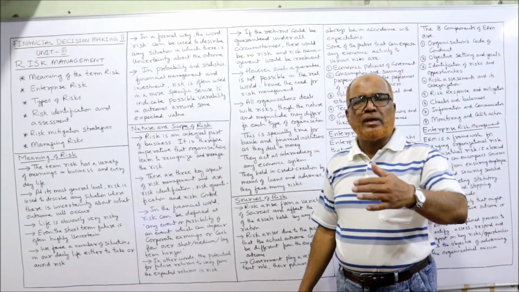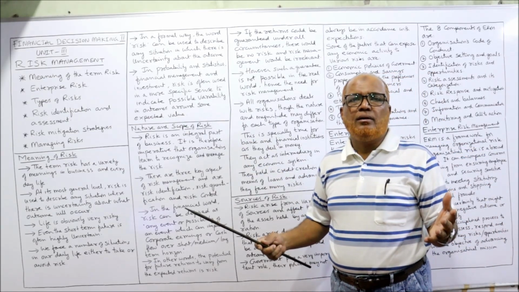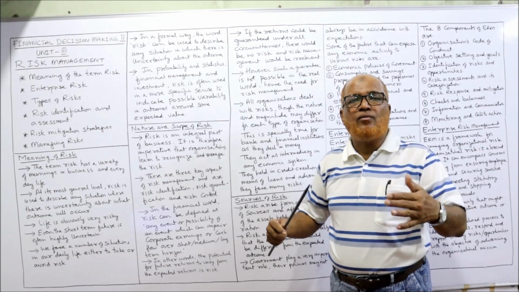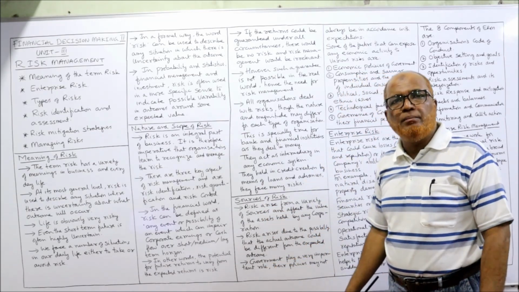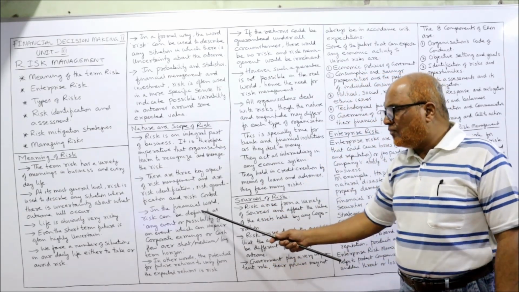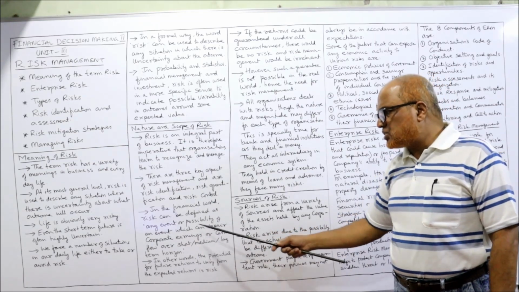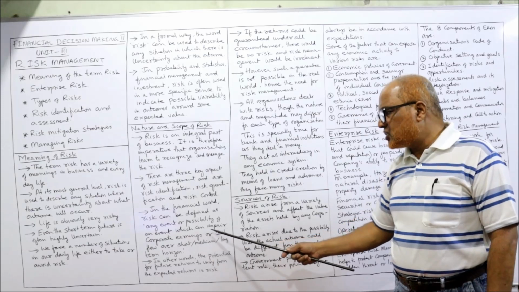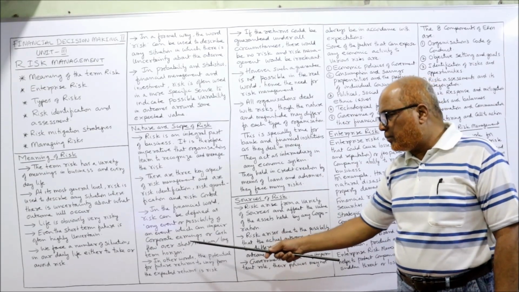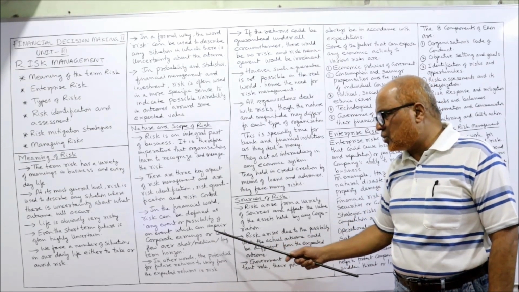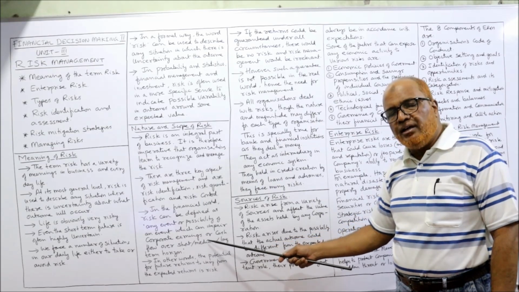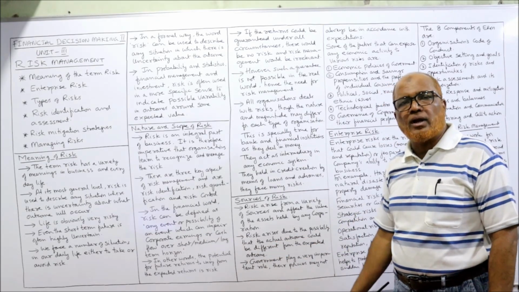Simply once you can explain the general meaning, but more you have to focus on specific meaning from financial point of view. So in the financial world, risk can be defined as any event or the possibility of an event which can impair the corporate earnings or cash flows over short term, medium term or long term horizon.